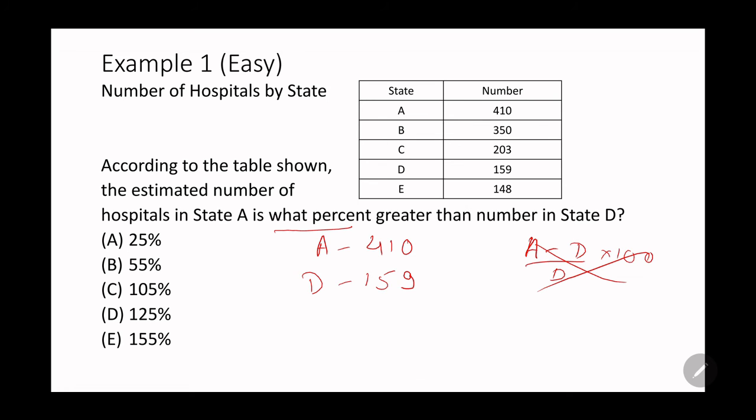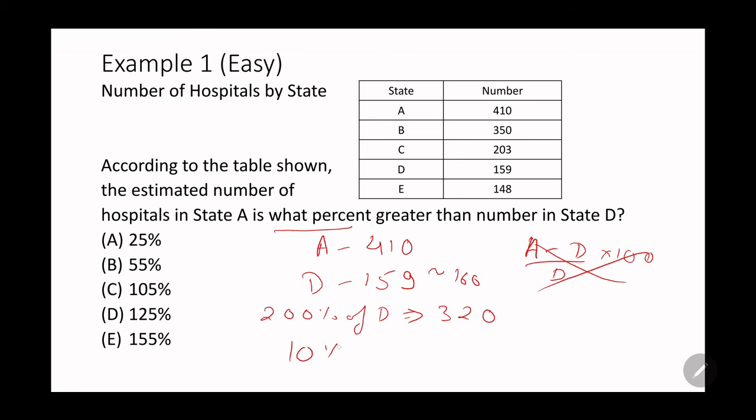We are going to use estimates. Now 200% of D, let's assume that D is approximately 160, is going to be double the number that we have, that is 320. Now the difference between 320 and 410 is 90, so we need something around that range.